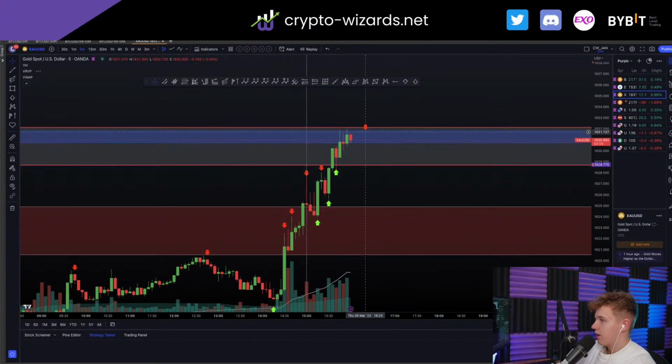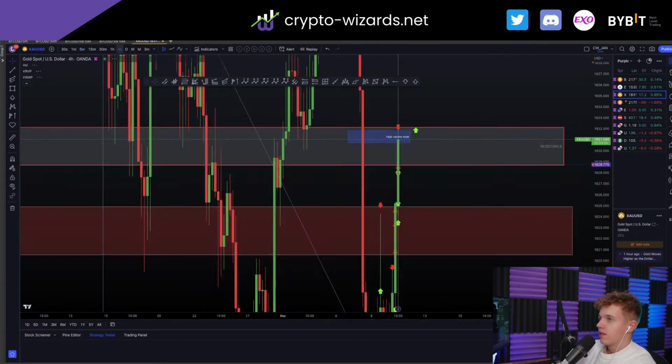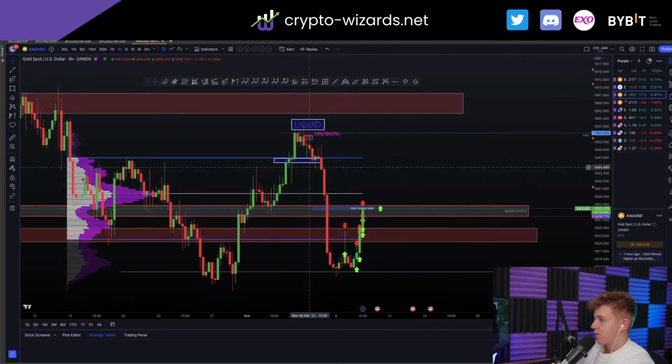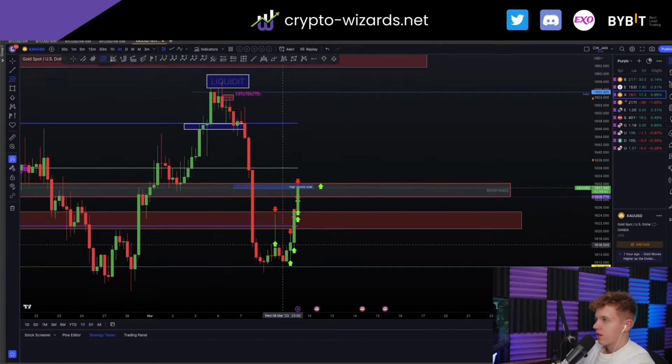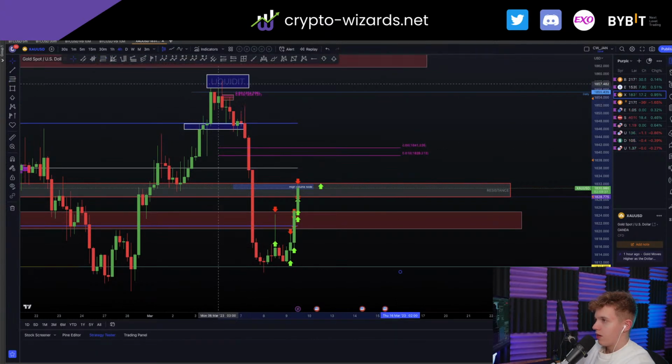1831 on the gold, fully hitting the resistance level. Where's the 618 of this whole move? I can do this. That POC zone looks great actually.